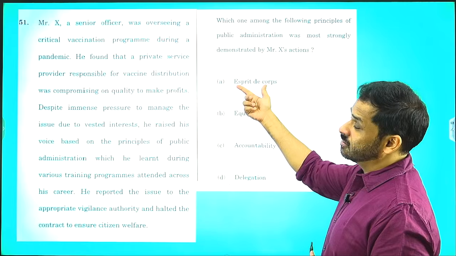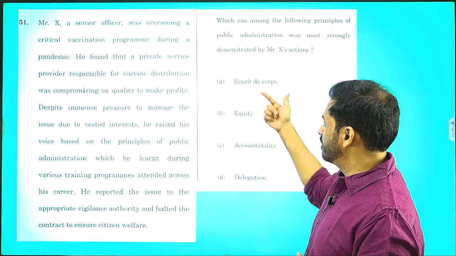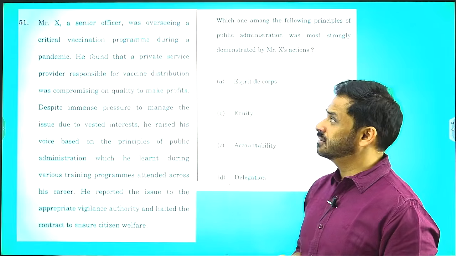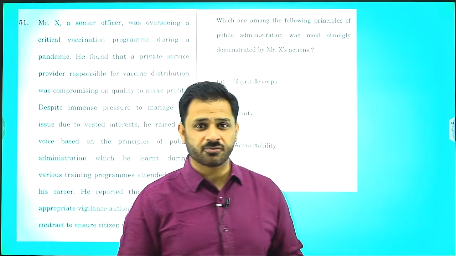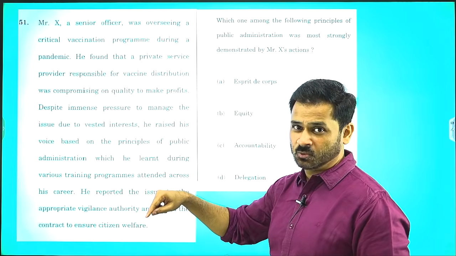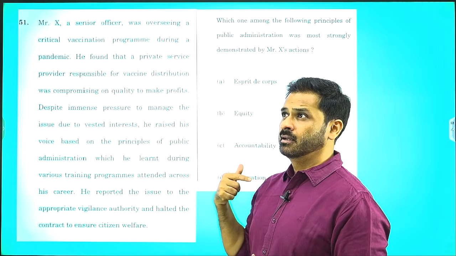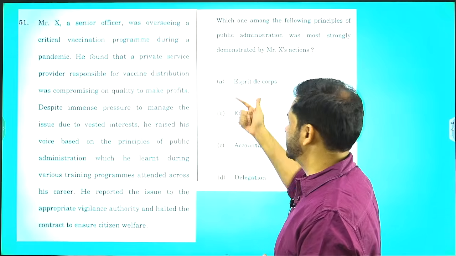So this is one of the features of bureaucracy as well. And esprit de corps, equity and delegation are from amongst the 14 principles of management given by Henri Fayol also. Esprit de corps specifically is mentioned over there, and many a times even for bureaucracy we use esprit de corps as one of the features.